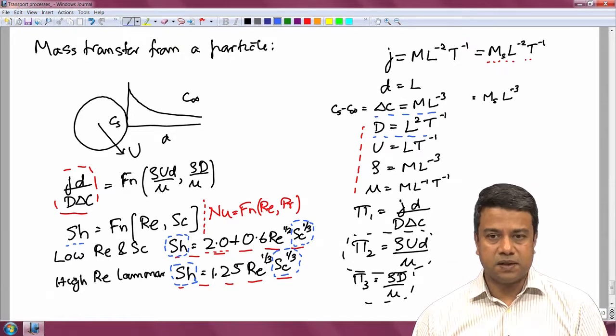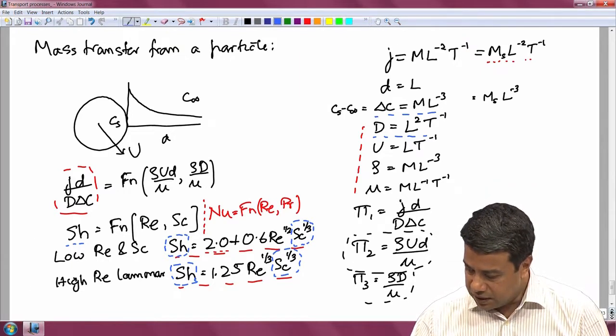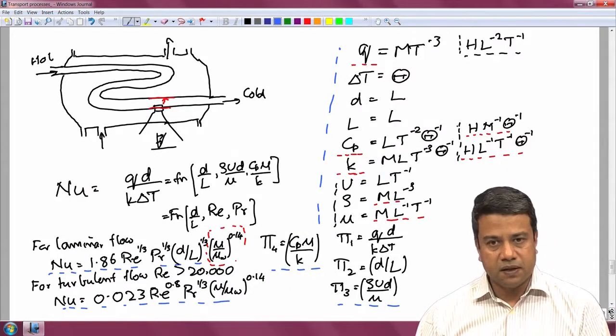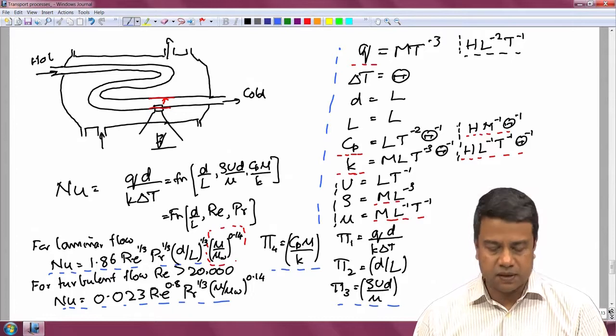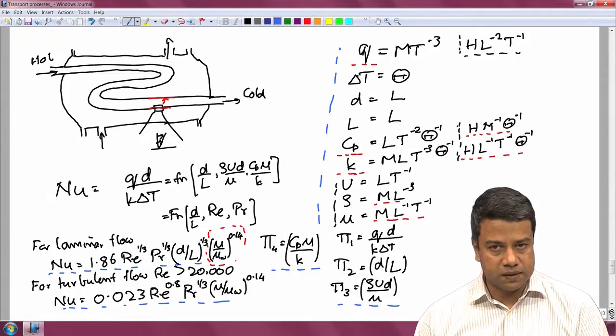Similarly, for the heat transfer problem, I had got the Nusselt number as a function of the Reynolds number and the Prandtl number.